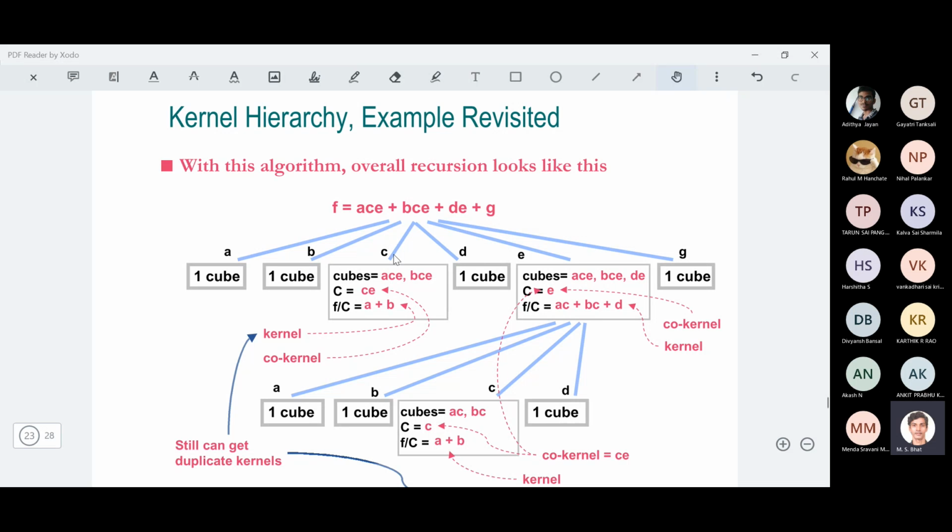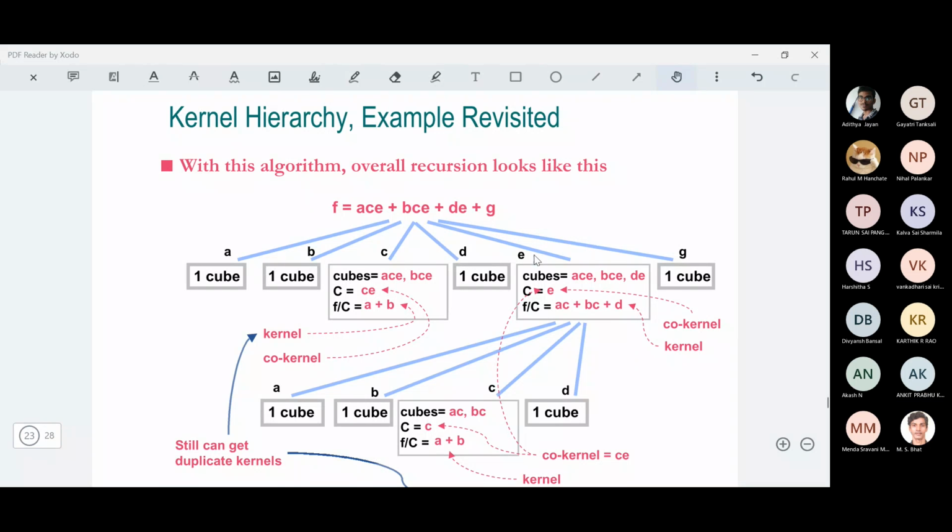Whereas when you look at C, C is present in two cubes, which are AC and BC. And when you intersect, you get CE as the co-kernel and A plus B as the kernel. D is present only in one cube, so it cannot be a co-kernel.